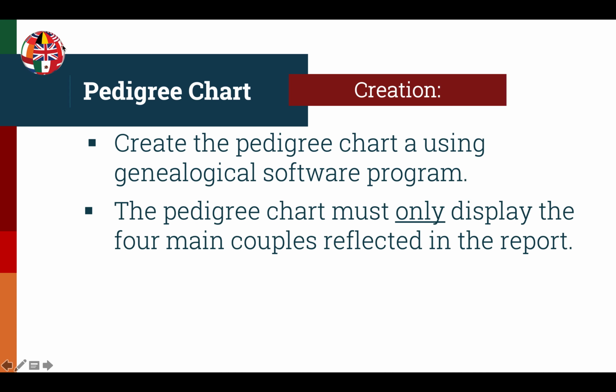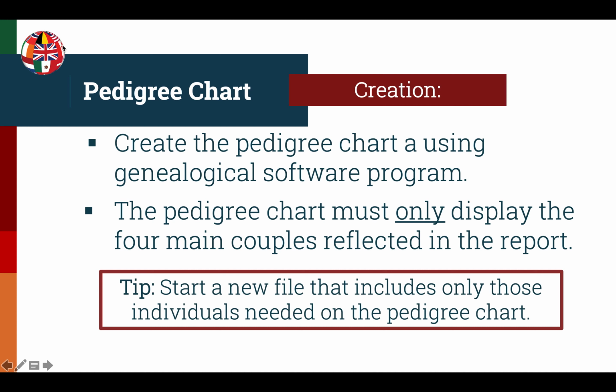It is a requirement that the pedigree chart only display the 4 main couples that are reflected in the report. So be sure not to include additional people in the pedigree chart. To fulfill this requirement, start a new file in your genealogical software program that includes only the needed individuals on the pedigree chart.